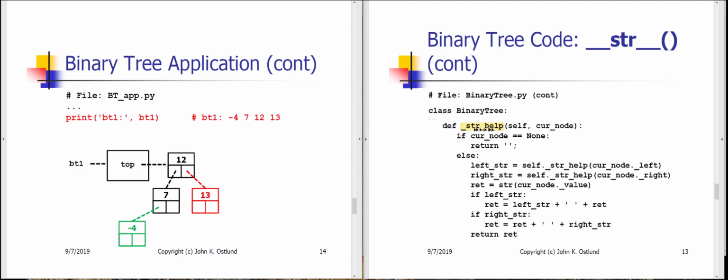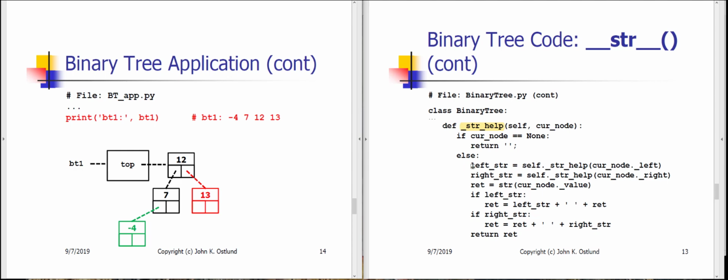That function calls str help, passing in a reference to the topmost node, that is a reference to the node containing the 12. This time, the node containing 12 is not empty. So, what am I going to do? Well, I want the 12 to be displayed in the correct location relative to the other values in the tree.